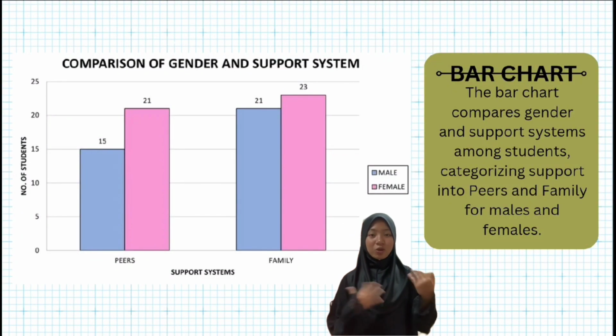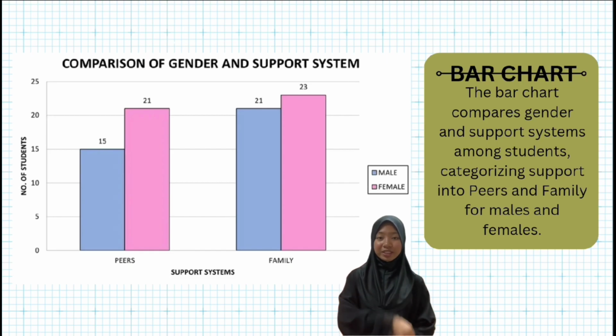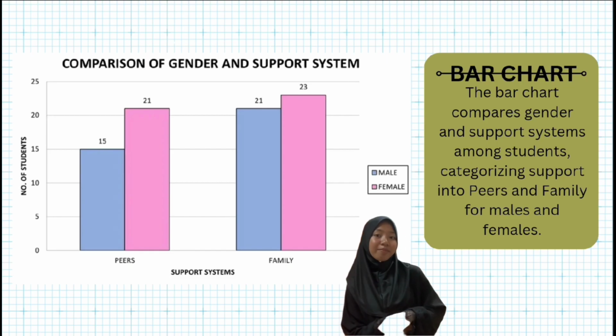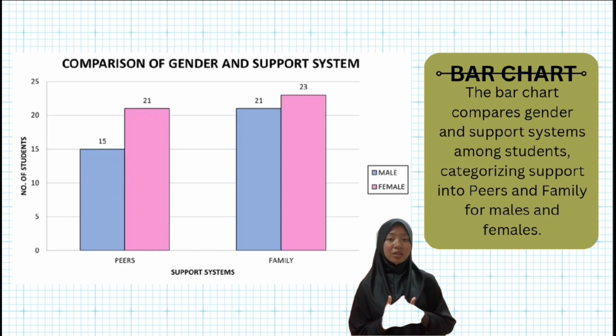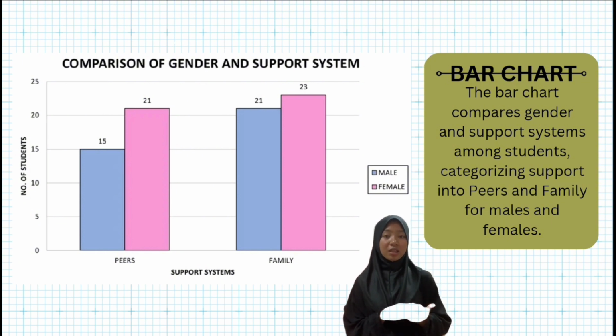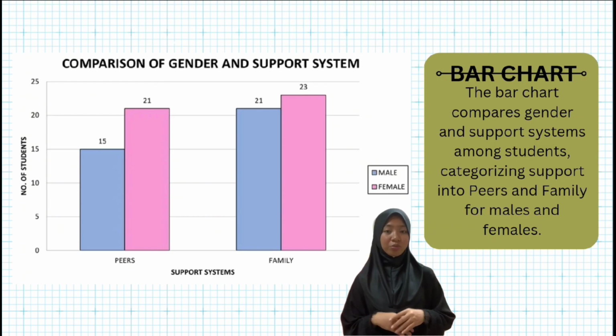The bar chart compares gender and support system among students, categorizing support into peers and family for males and females. Family is the preferred support system for both genders. The number of students relying on family, which is 21 males, 23 females, is greater than those relying on peers.